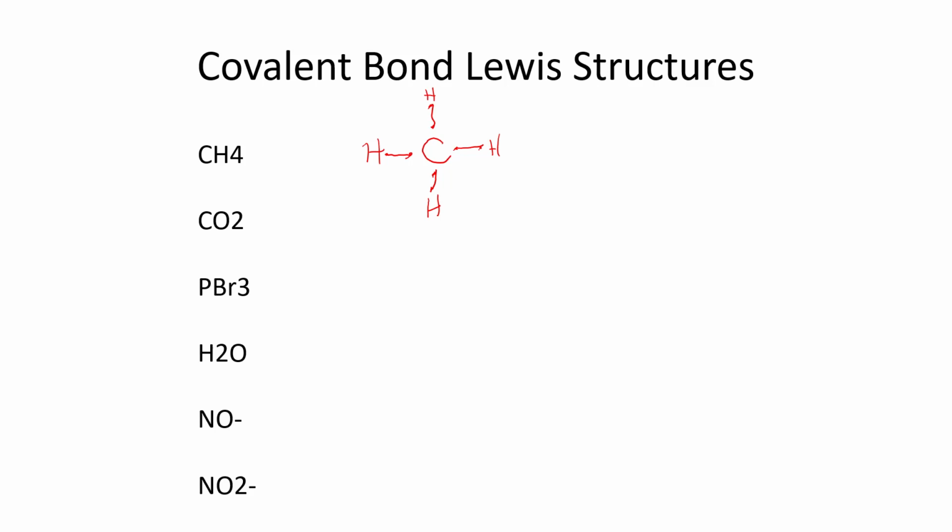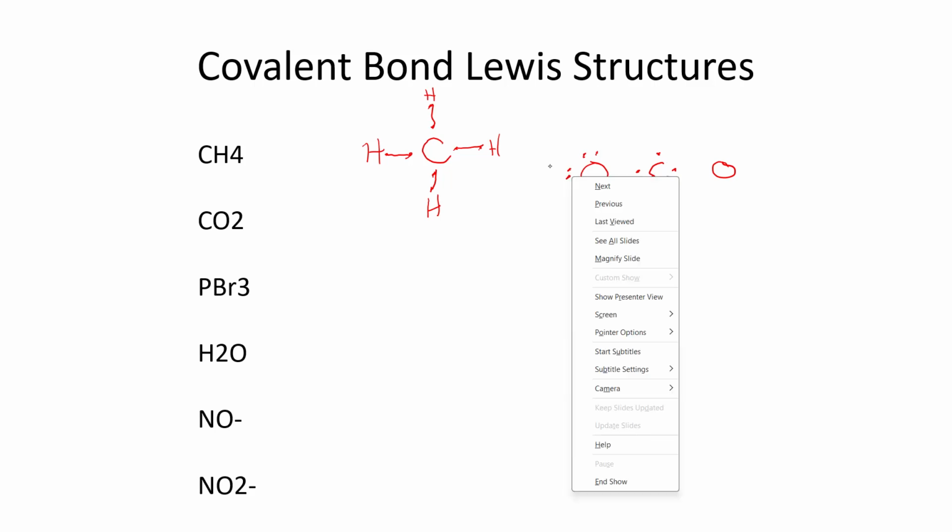Now we want to draw CO2. So since there's 1 carbon and 2 oxygens, we're going to put the carbon in the middle. So our carbon goes in the center. Carbon, again, is in group 4A, so it has 4 valence electrons. And now we have 2 oxygens, so we're going to put the oxygens on the outsides. And oxygen is in group 6A, so that means it has 6 valence electrons.